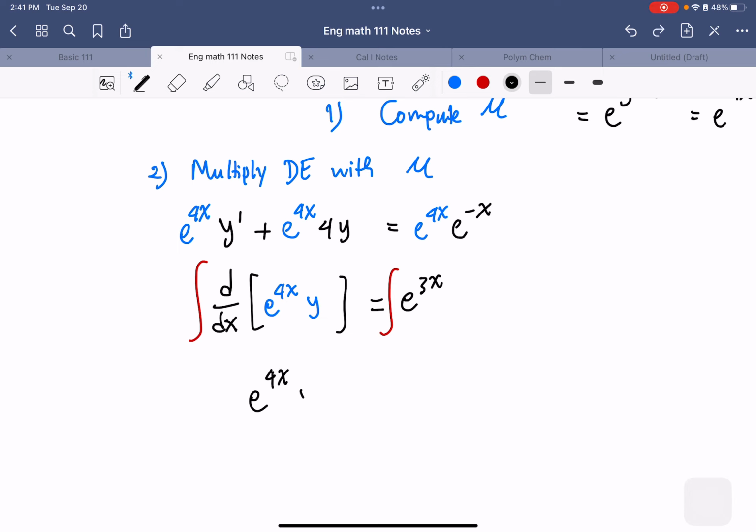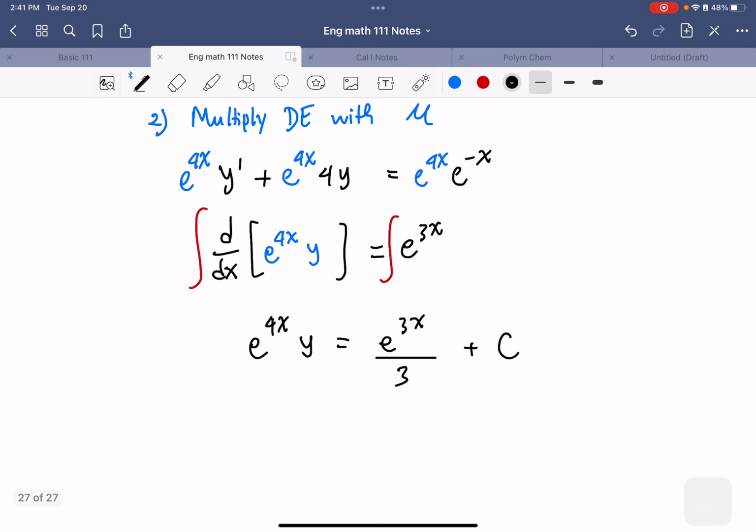Oh, sorry. Y is here. And the integral of e to the power of 3x will be e to the 3x over 3, right? So then this is a constant here. And then y, we can divide with e to the power of 4x.